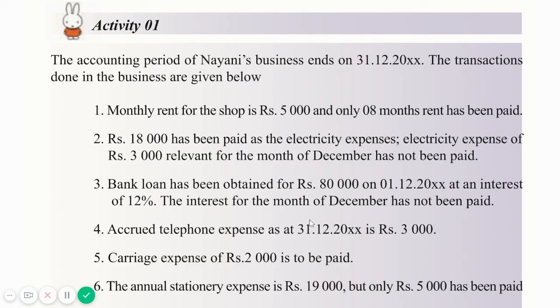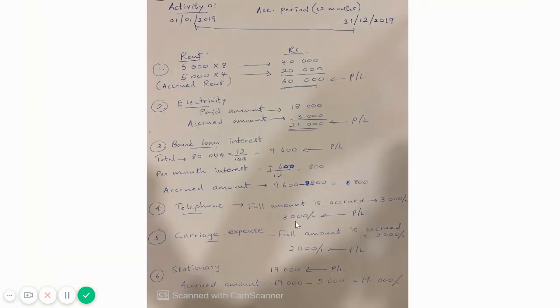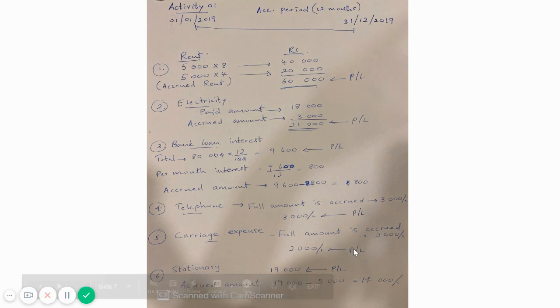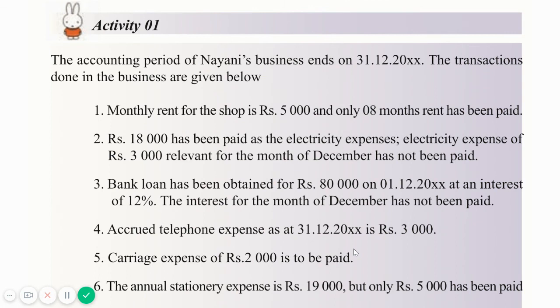Carriage expense of 2,000 is to be paid. Again, the full carriage expense is accrued. So thereby, 2,000 carriage expense must be shown under profit or loss, and as a current liability in the statement of financial position, you have to show accrued carriage expense 2,000. Stationery expense. They said the annual stationery expense is 19,000.